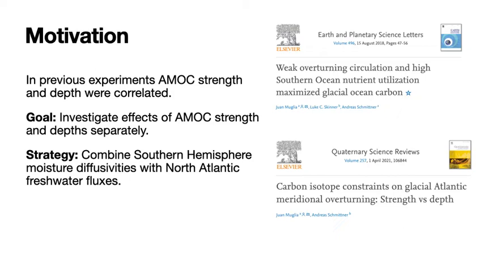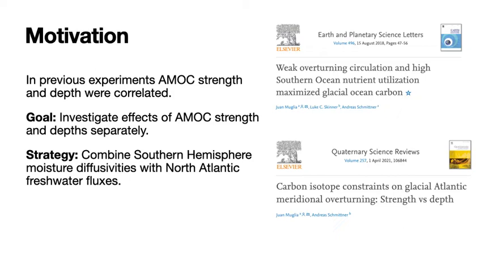We combine models and data from glacial sediments, model simulations with those data. And in addition to perturbing the southern hemisphere moisture diffusivity in the atmospheric model component, which is a simple energy balance model, this forcing in the southern hemisphere essentially controls southern ocean buoyancy fluxes.